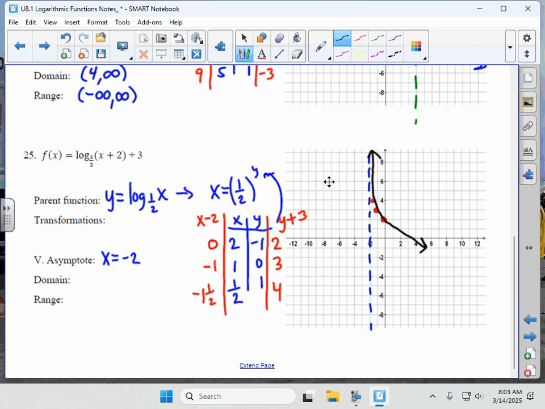All right, transformations, left 2, up 3. Domain, going left to right, -2 to infinity. Range, -infinity to +infinity. All right, and that is it.